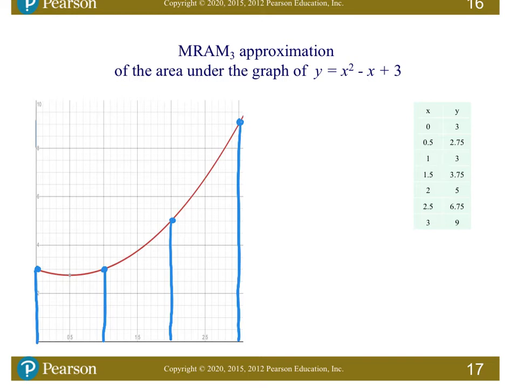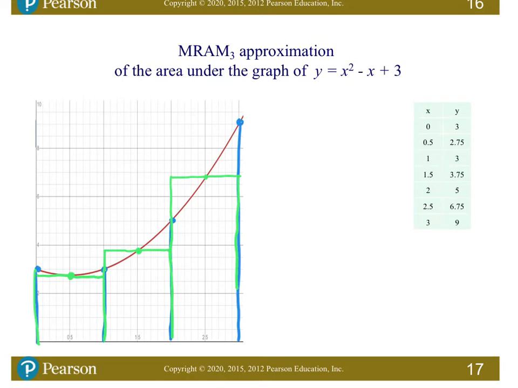I am going to use the dot that's in the middle. So I've got a dot in the center here, right above 0.5, and that is going to be the top of my rectangle. And then I have a dot here in the midpoint, which is above 1.5, and that will be the height of my rectangle. And then I have a dot right here above 2.5, and that will be the height of my rectangle.